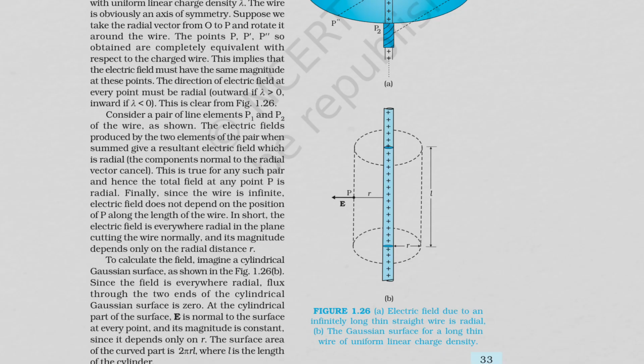Now let us apply Gauss's law to find the electric field due to a wire where the charge is continuously distributed, a continuously charged wire.